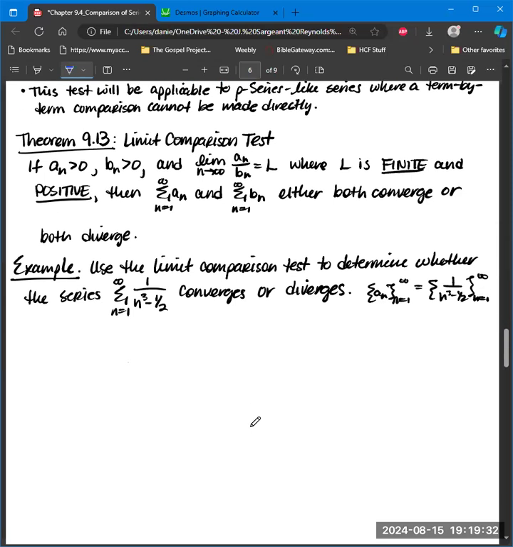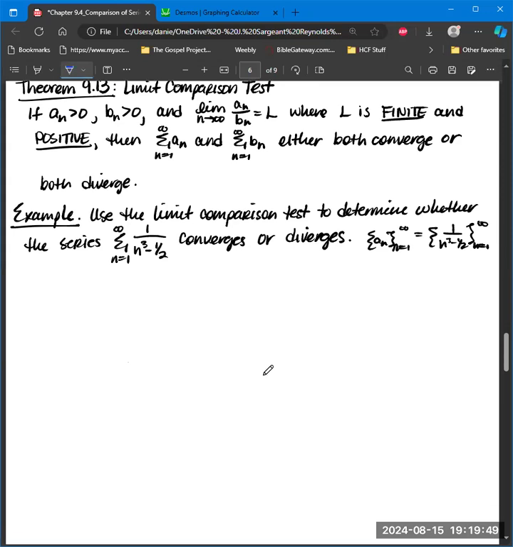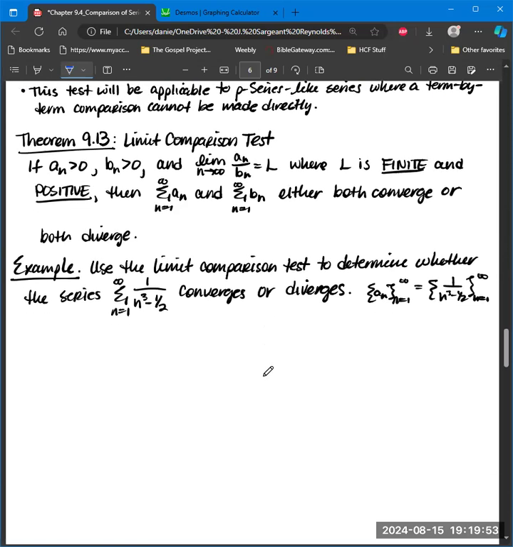So if a_n is a positive series, b_n is a positive series, and the limit as n goes to infinity of a_n over b_n exists and equals L, where L is finite and positive, then a_n and b_n both converge or both diverge. I'm going to force it to be finite and positive. I'm actually most of the time going to force it to be 1.